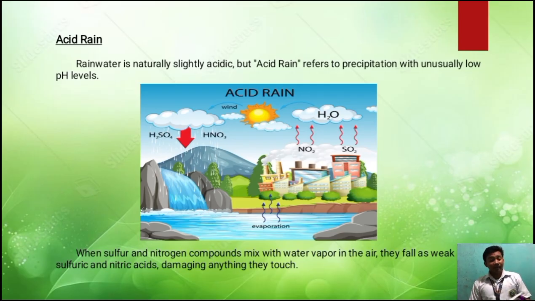You might think rain is naturally slightly acidic. However, when it becomes too acidic, we call it acid rain, meaning it has unusually low pH levels. In other words, it's like rain that drank too much lemon juice. It's extra sour and dangerous.